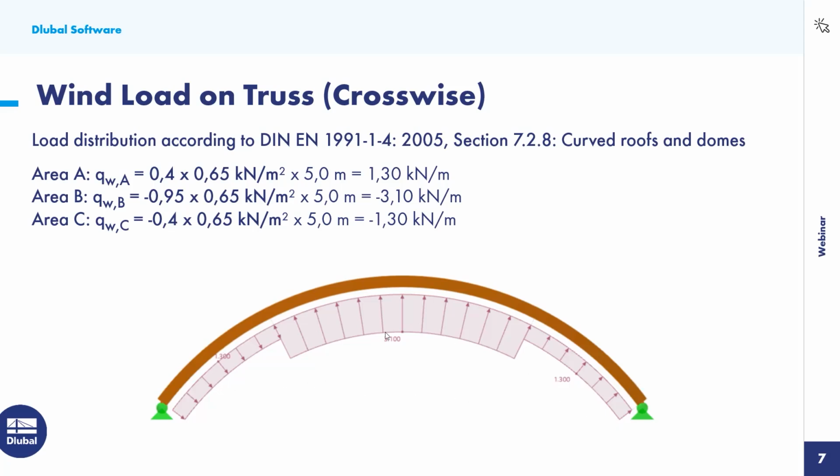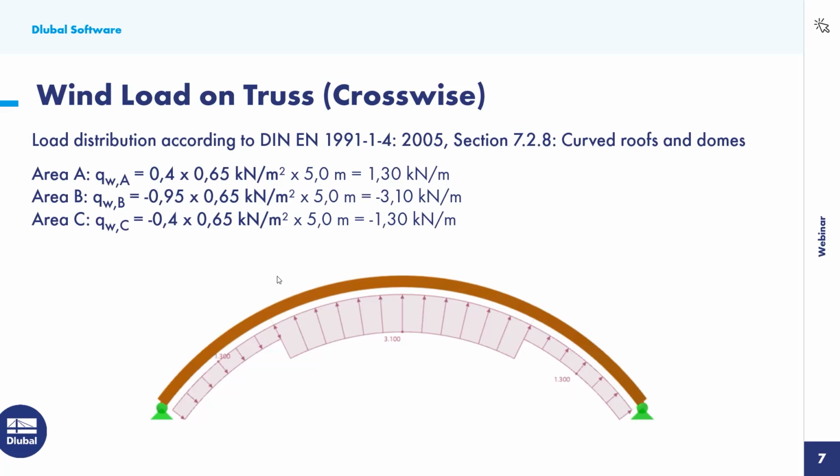For each area, we will have different cp values, starting with 0.4 for the first area, 0.95 for the second area, and also 0.4 for the last area. This area is 1/4 of the length of one of our trusses, and here is also the rest. 1/4 of it will be applied as wind pressure, and also the rest as wind draft.